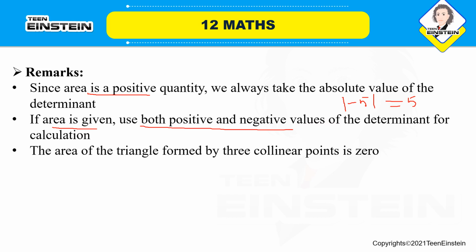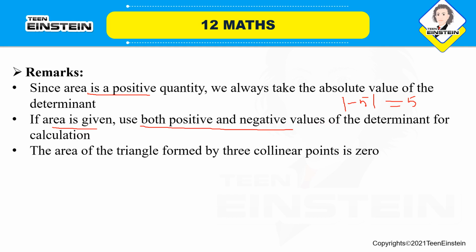So if area is given, you are allowed to use both positive and negative values of the determinant for computational purpose. Whereas in the first remark, if you are getting a negative value, we take the absolute value of the determinant and consider only positive values. But here we use both positive and negative values of the determinant if the area is given. So this is remark 2.